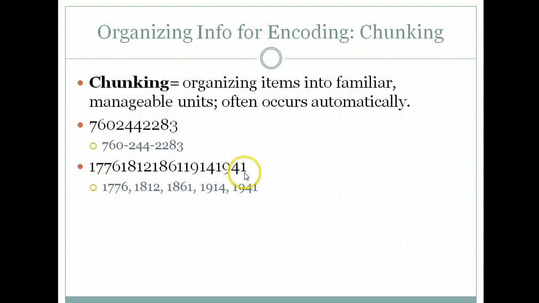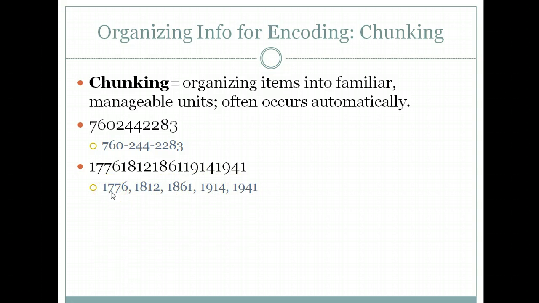Another example here is you have this long list of numbers, which if you were just to read them off looks like a random set of numbers. But upon closer examination, we can see that if we break them into chunks here, they're much more manageable and easier for us to remember. And hopefully most of you have figured out these are all the dates of when U.S. wars have started.